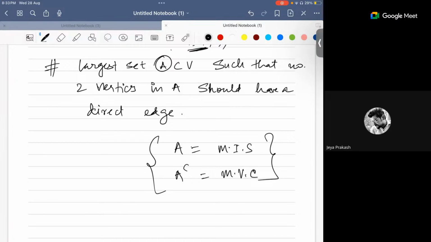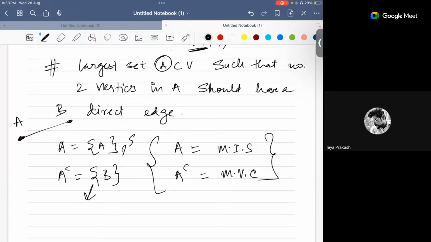For this example, let's say AB was the graph for us. So for the maximum independent set you can think of A only. Then A complement will be B. So this will be your minimum vertex cover. And if you are taking B, then A will be your minimum vertex cover. Is it clear? Yes. Okay.